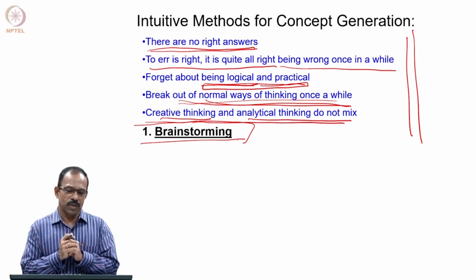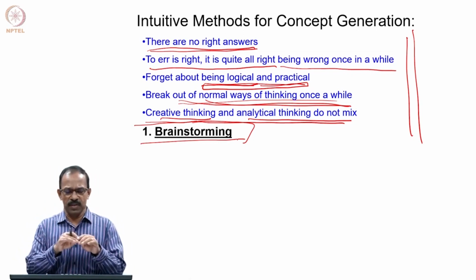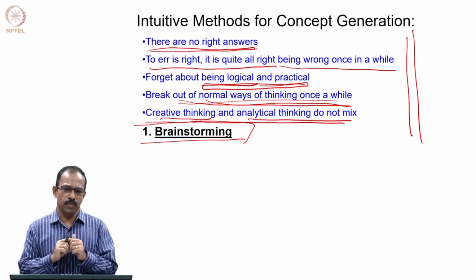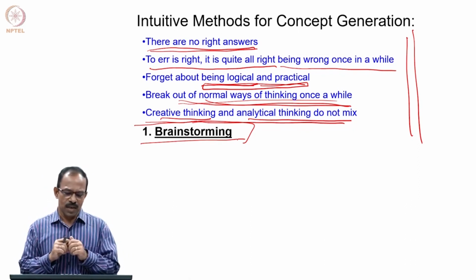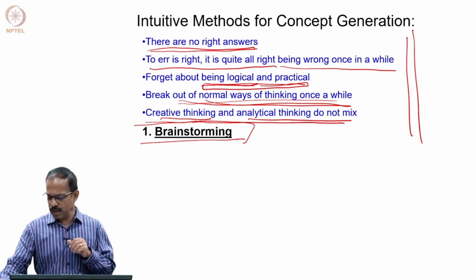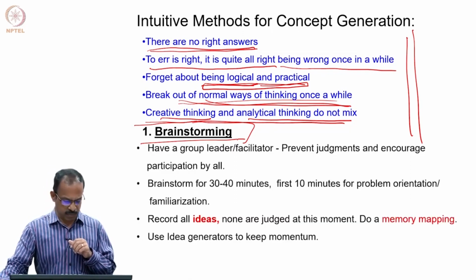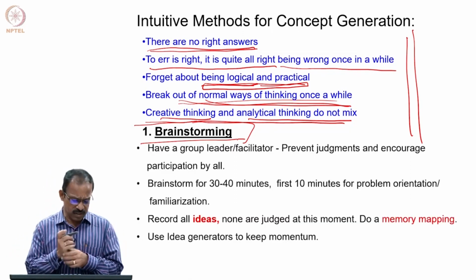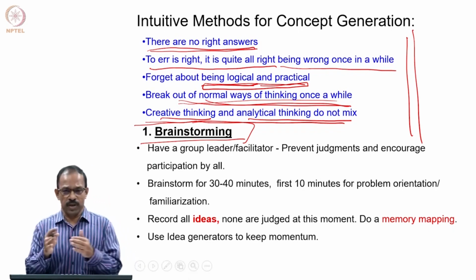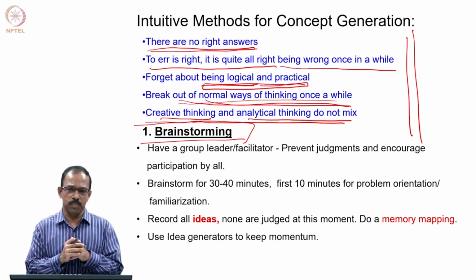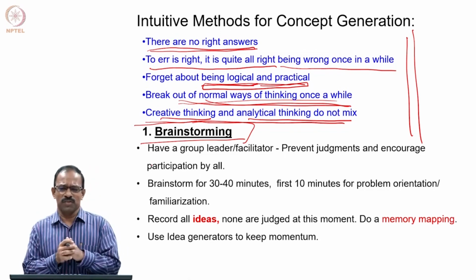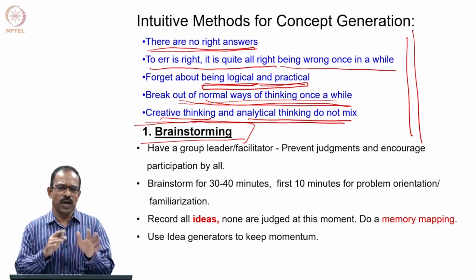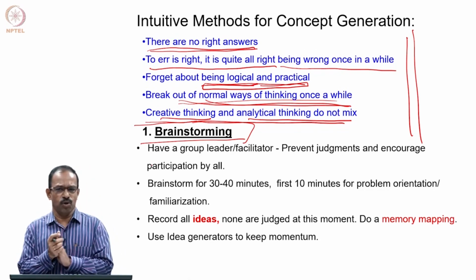Now, in product design also we can apply the same kind of modalities to get ideas, but let us see how we actually do this in a practical scenario. What we need to have is a team of people. Okay, we need to have 6 or 7 people. 6 is considered to be a good number for a group discussion or a brainstorming session.